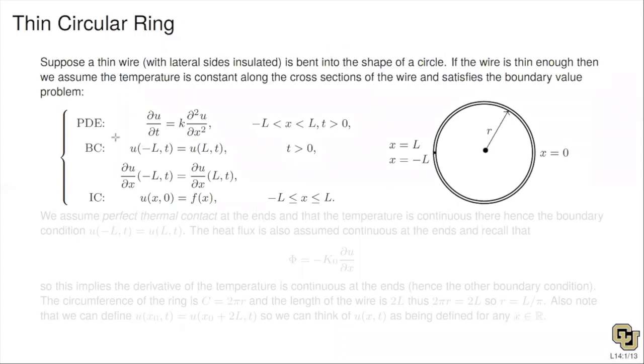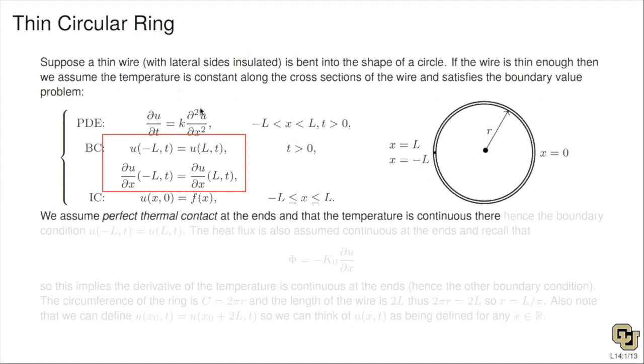So here are the boundary conditions. Just from a mathematical point of view, we're saying that the function u at negative L and L are identical, and the derivatives are as well. From a physical point of view, this is what we call the perfect thermal contact assumption.